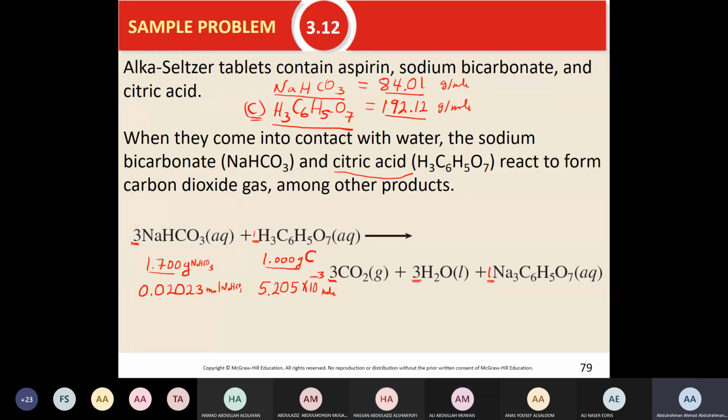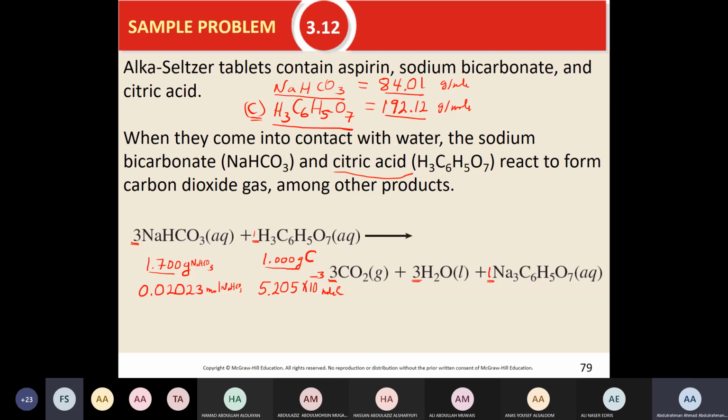Now, mole C. Now I can ask you which one is the limiting reactant? All of you, I want you to think and tell me which one is the limiting reactant, the first one or the second one?